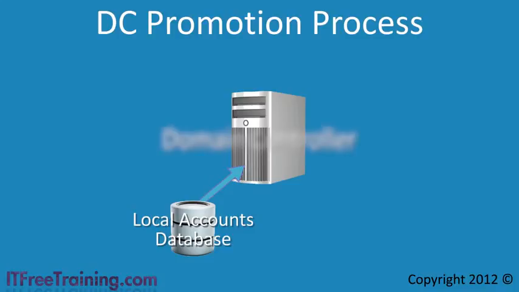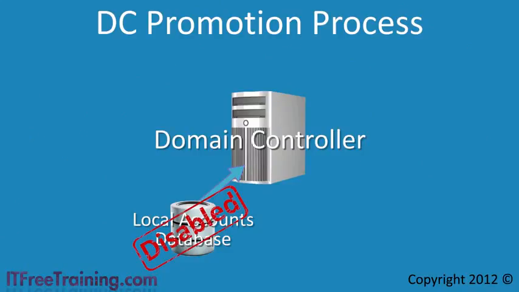When you promote a server to a domain controller, the local user account database is no longer available. This helps protect the domain controller from unauthorized use. Of course, you could always remove the hard disk from the domain controller and put it in another computer, or boot the domain controller using a DVD boot disk to access the files on the hard disk.